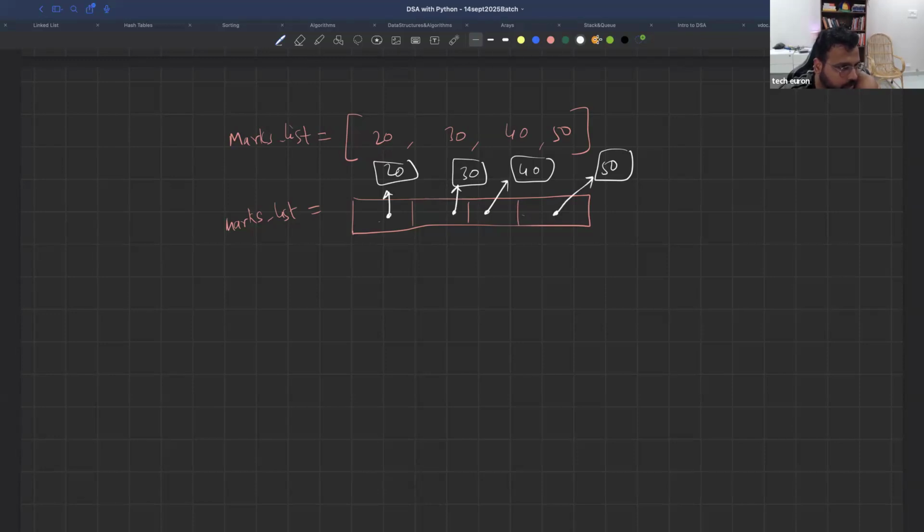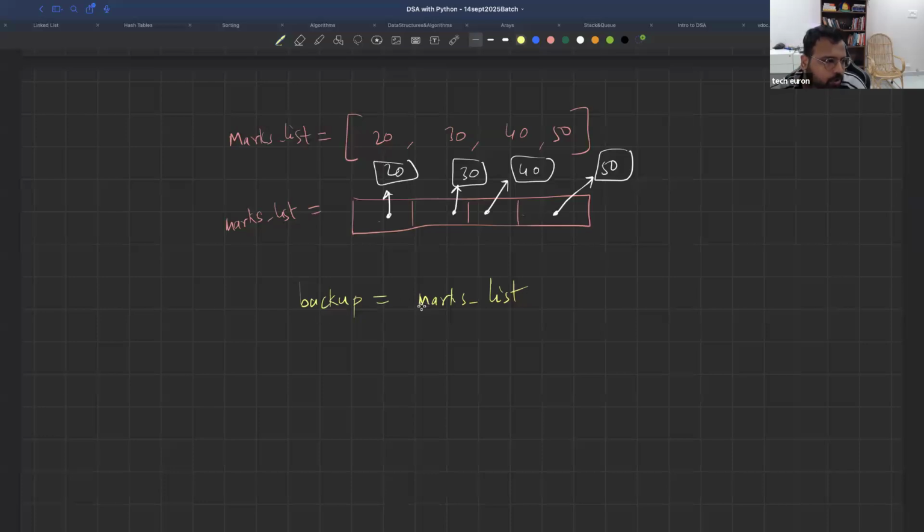So in Python, if you do backup is equal to marks list, what will it do? Marks list is an array of references of 20, 30, 40, 50, correct?